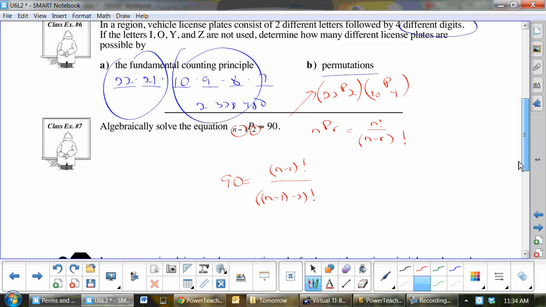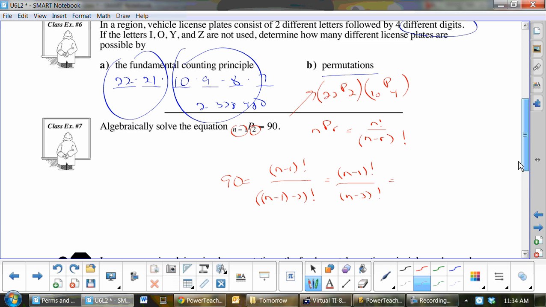Okay, now let's simplify that fraction a little bit. That's n minus 1 factorial over what? n minus 3 factorial, right? Negative 1 minus 2 equals negative 3. Now, which one's bigger?